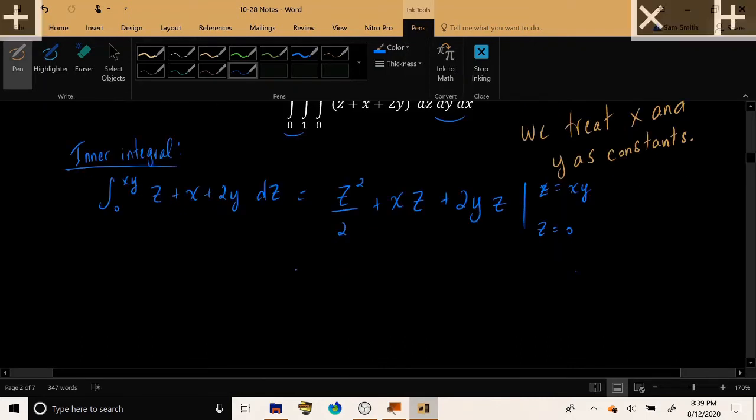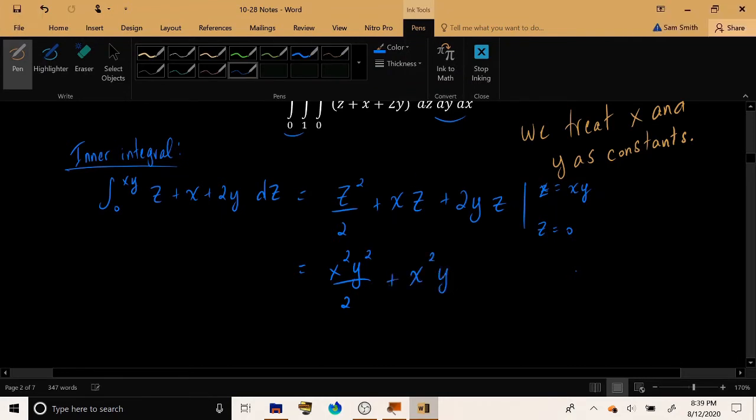So if I plug in xy, from z squared I get x squared y squared. Then x times xy becomes x squared y. And then 2y times xy becomes 2xy squared. And plugging 0 in for z causes all three of these terms to vanish.